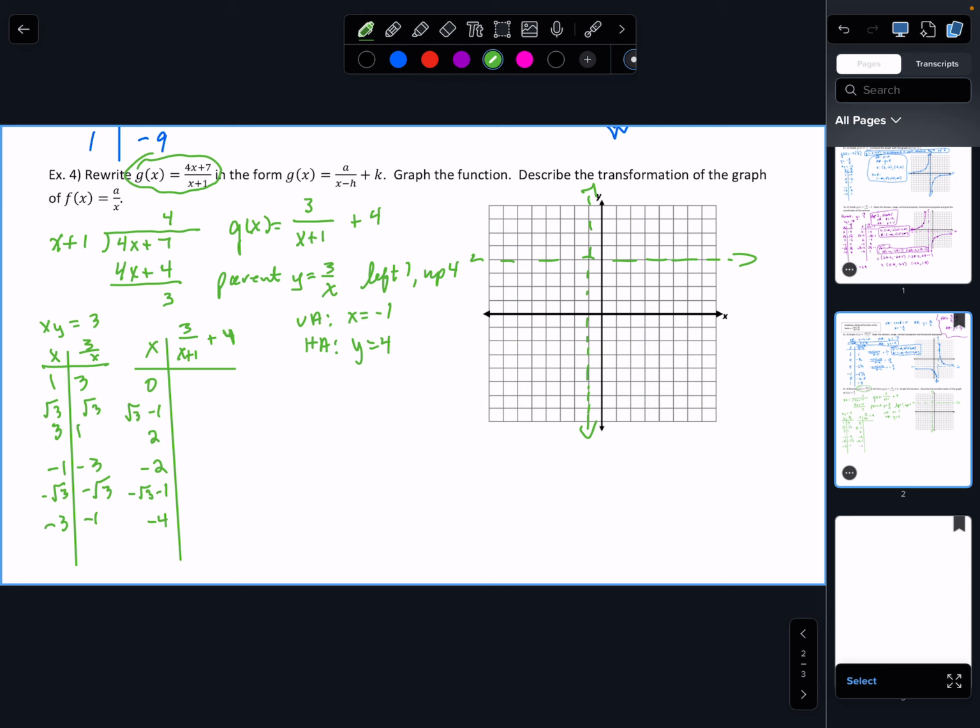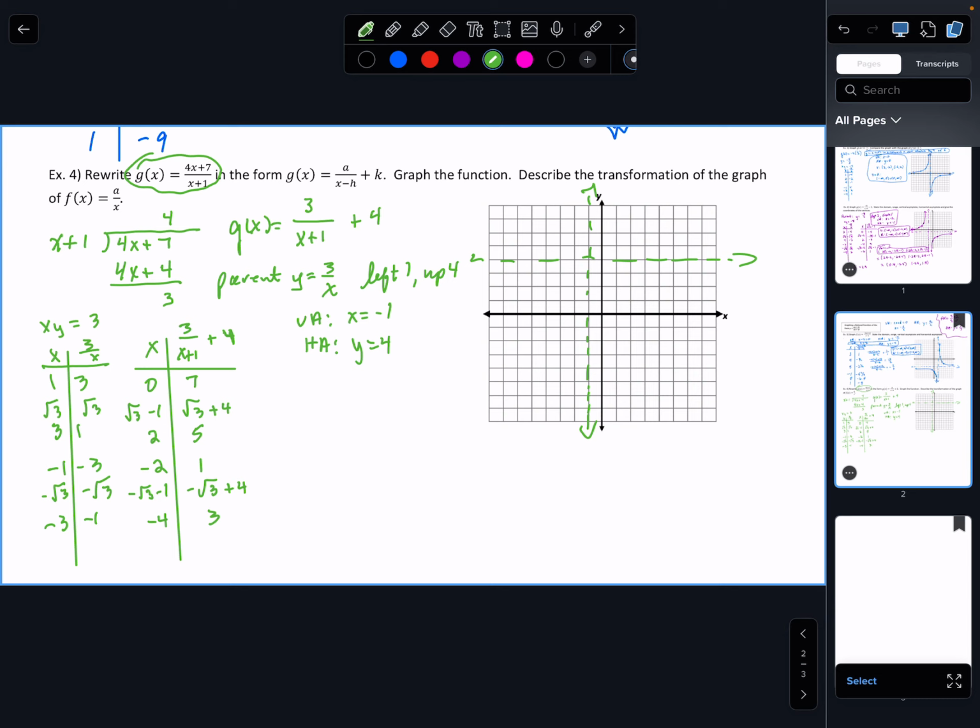And you're going up 4, so add 4 to all the y values. And those are the points that we're going to need to plot.